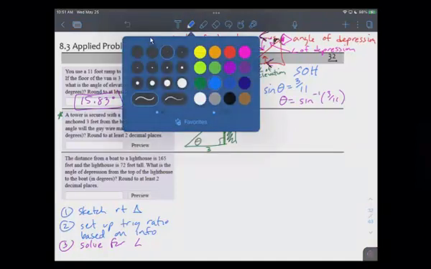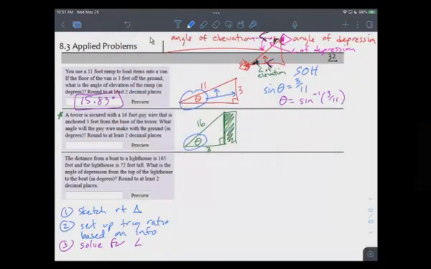Once you set up your diagram, you can identify the 3 pieces of information. We have an angle, we have an adjacent leg, and a hypotenuse. So which trig ratio relates adjacent and hypotenuse? Cosine. So the cosine of theta is equal to 3 over 16.